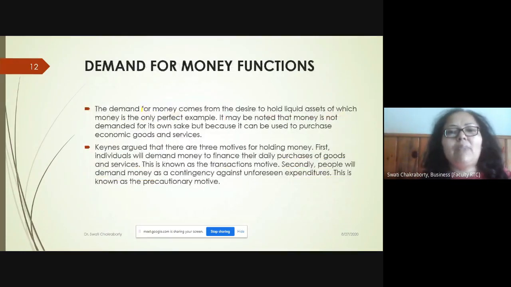The demand for money comes from the desire to hold liquid assets, of which money is the example. One thing to note here is that money is not demanded for its own sake. You don't need money just for the sake of holding money, but to purchase economic goods and services. As per Keynes, there are three motives for holding money.